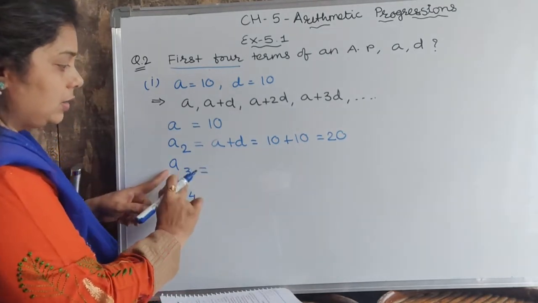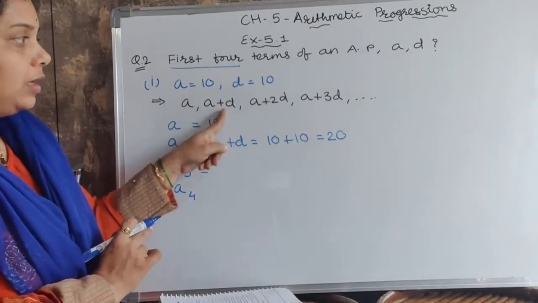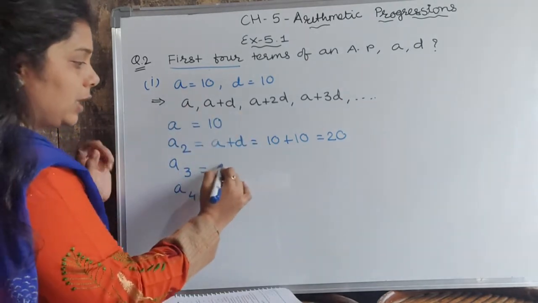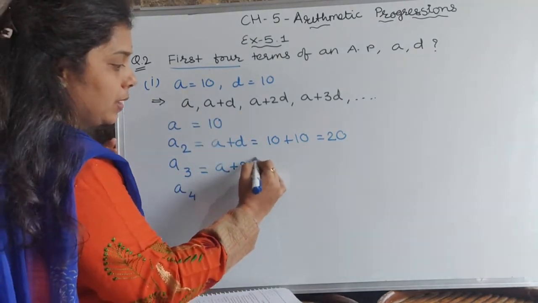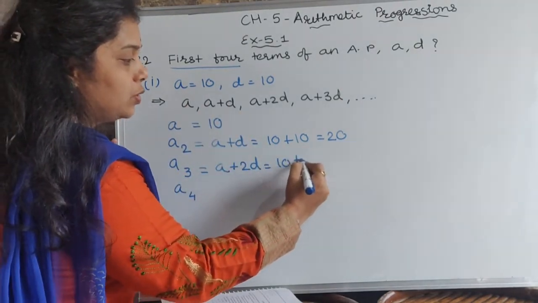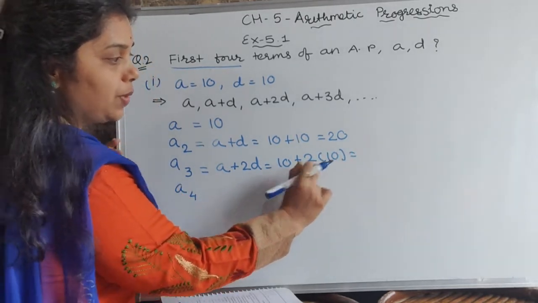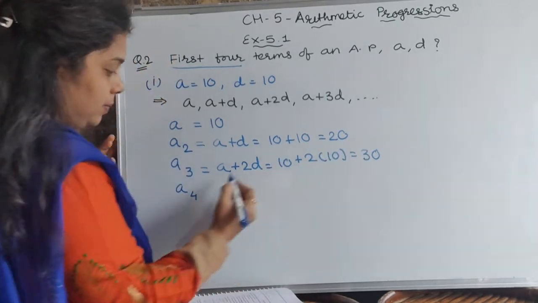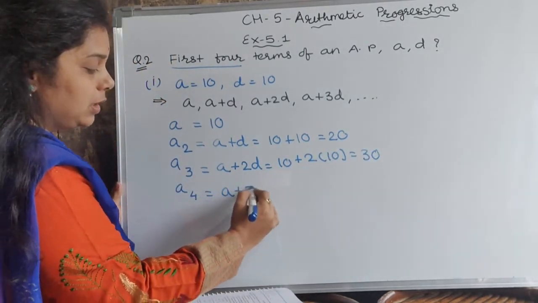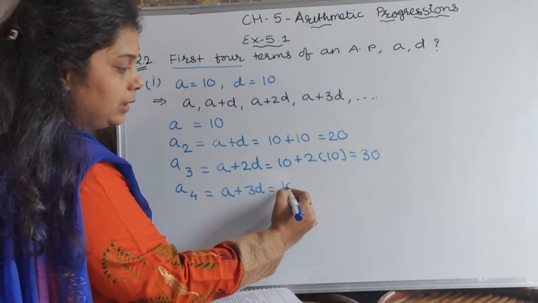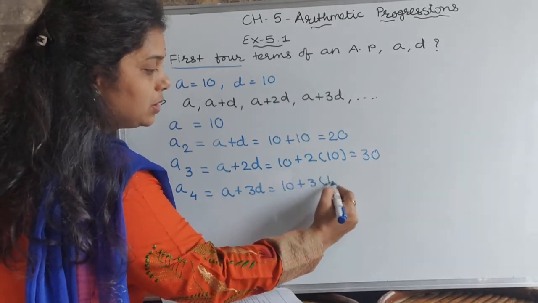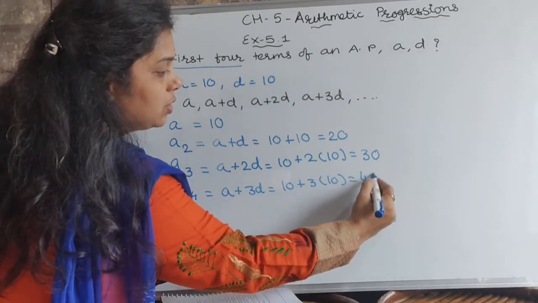Similarly, A3, the third term, is A plus 2D. A is 10, 2 times D, so here it is 10 plus 20. So here it is 30. Similarly, A plus 3D is 10 plus 3 times D. So here it is 40.